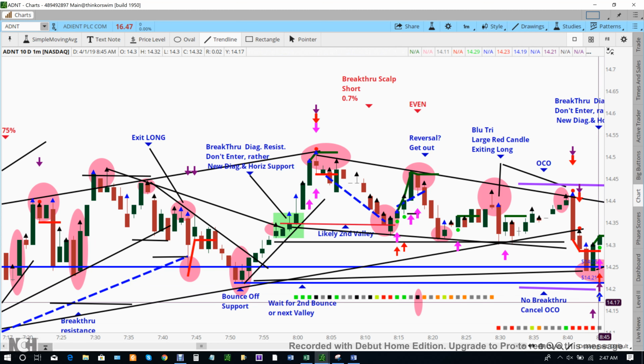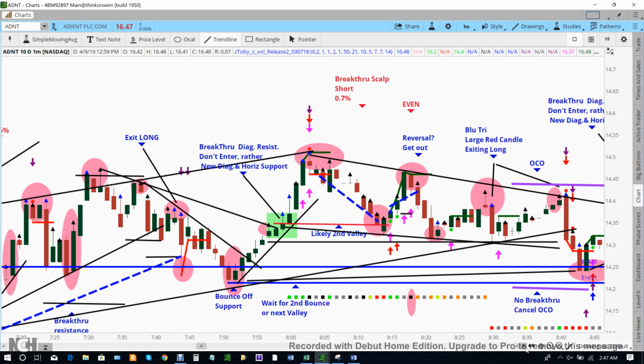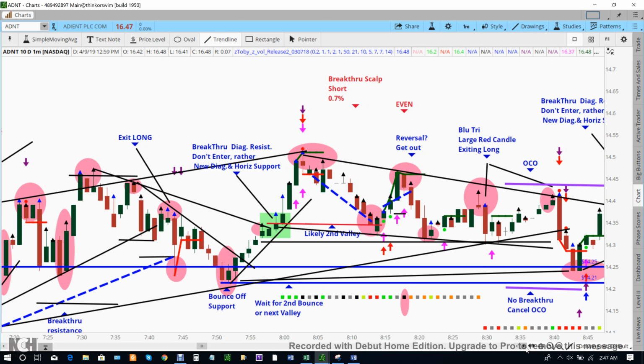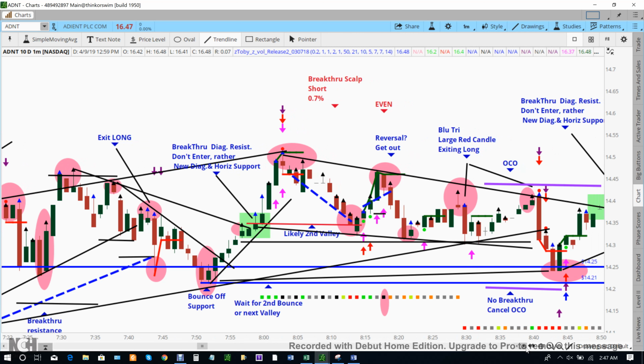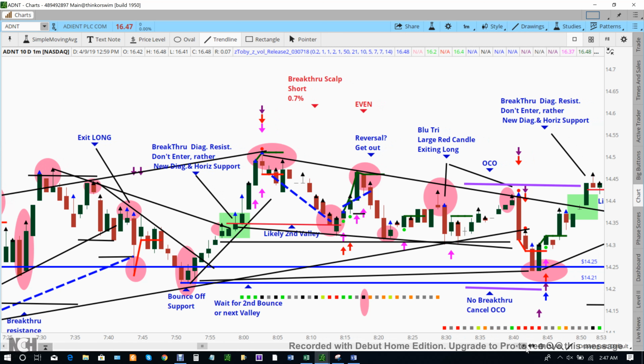Notice all these arrows here saying it's going to go up. So we could have put it, when we saw the second green candle, we could have put a market buy in here and went from here to there. But we didn't do that.